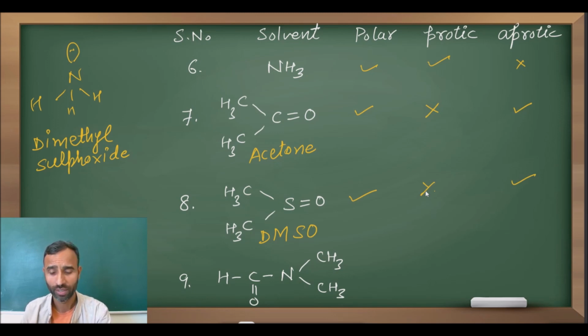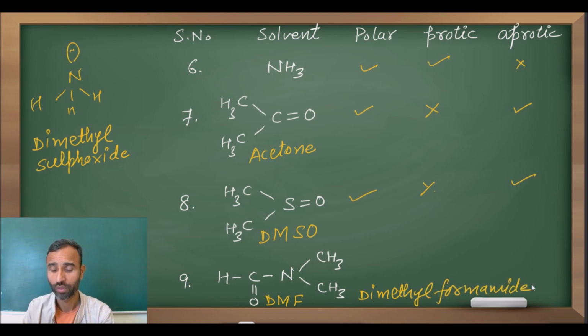Next one is again dimethyl acetamide. Sorry, dimethyl formamide. DMF, full form is dimethyl formamide. So tell me, is it polar or non-polar? Obviously, due to the presence of the C double bond O or CN bond, it is polar.